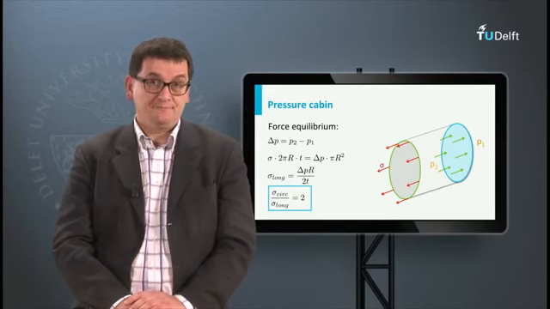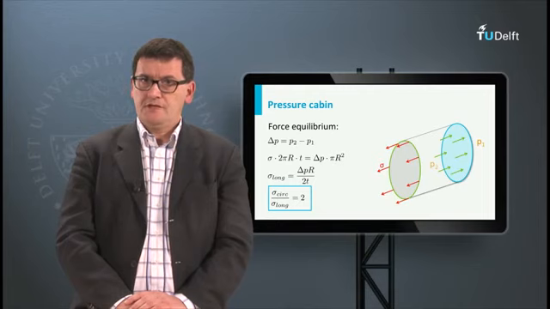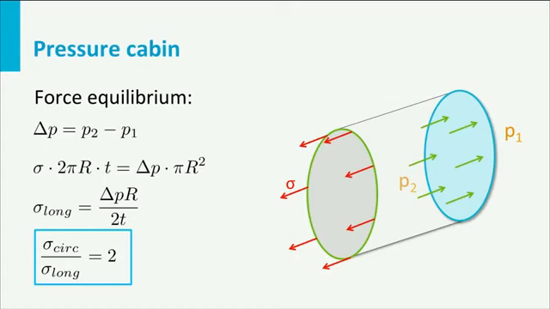The pressure works evenly in all directions, so there is also a longitudinal force or stress working in the fuselage skin. This stress can be easily calculated using the following sketch. When a simple disc is used as the end cap or bulkhead of the cylinder, the calculation is simple. The pressure force to the right is equal to the pressure difference times the area of the disc. The opposing force is carried by the skin.